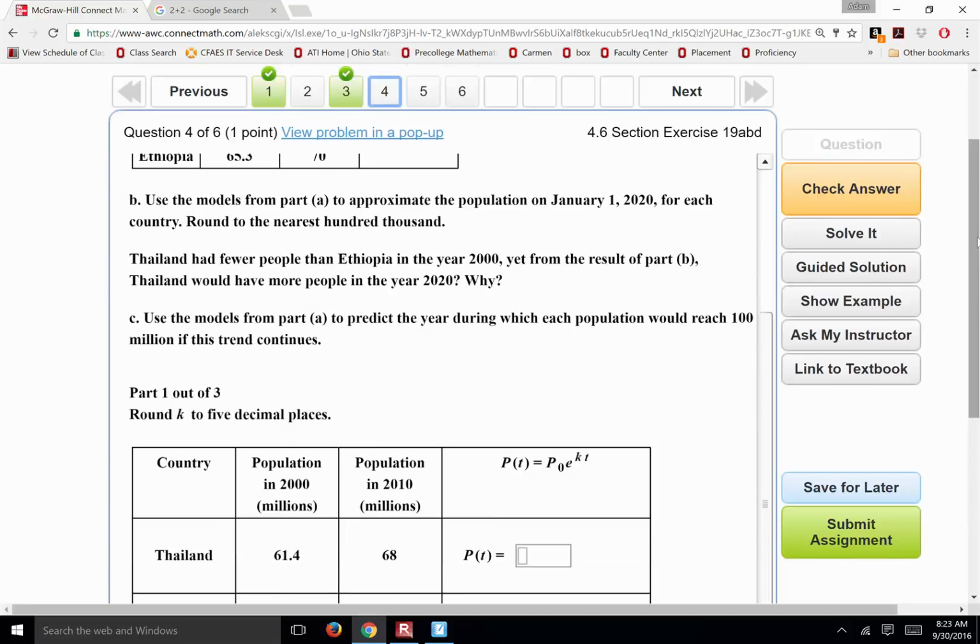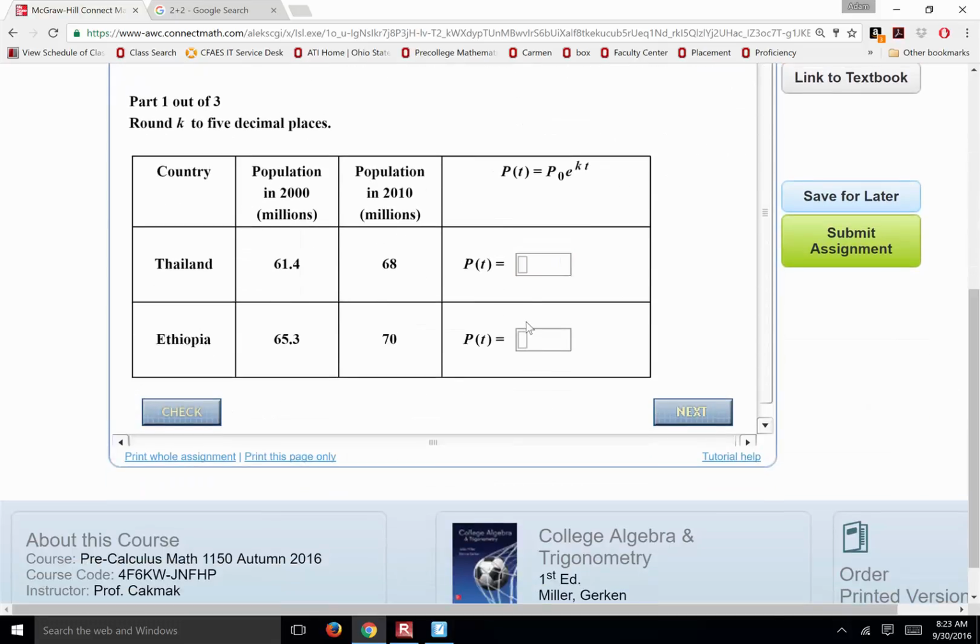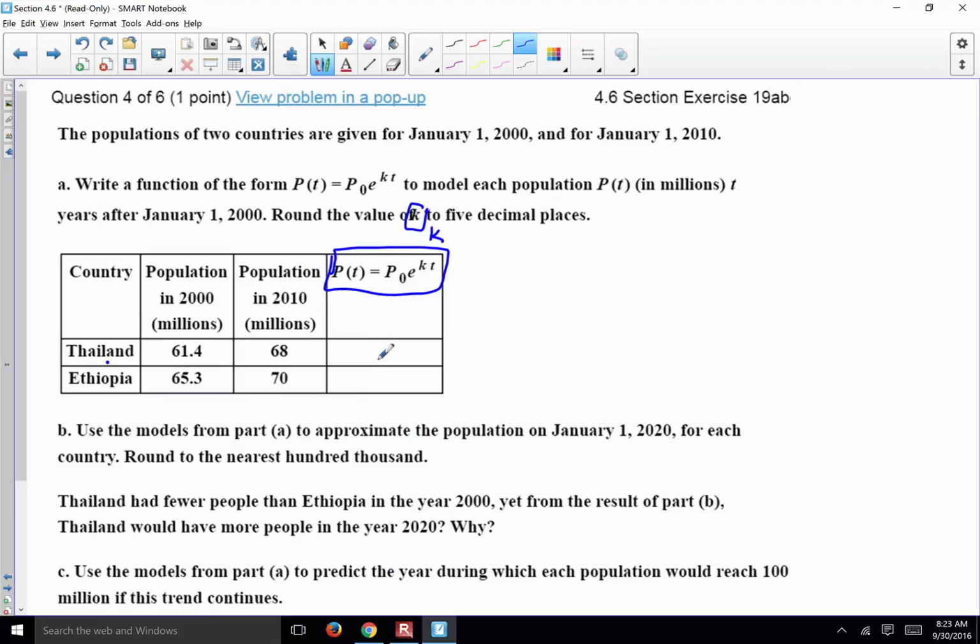In part 1, they want us to fill out these two boxes with P0, e, K, and T. You need to find K and substitute it in this formula. So you're going to give us P0 and K. T will be unknown because we don't know how long we want to measure it.